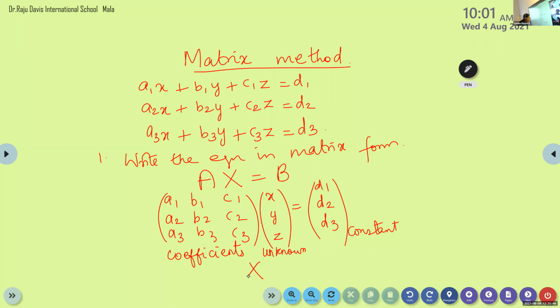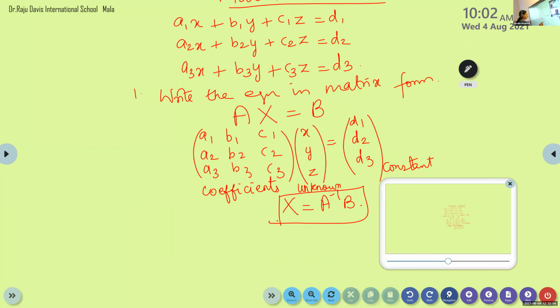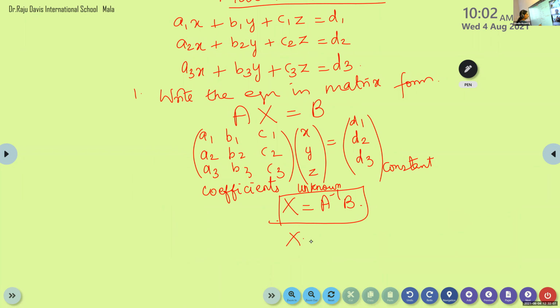Therefore, X is A inverse B. How do we find A inverse?